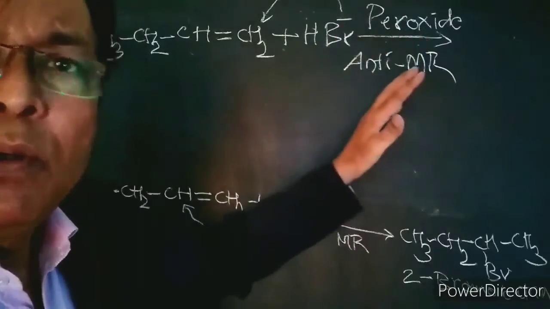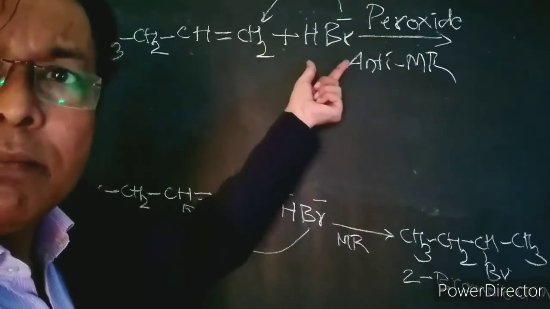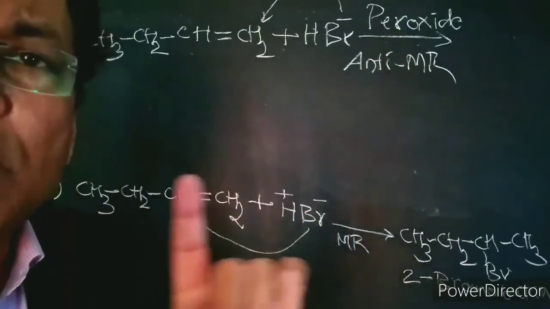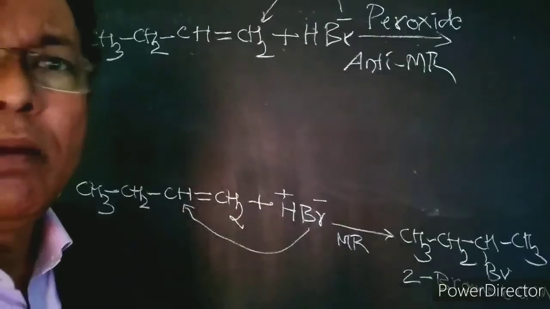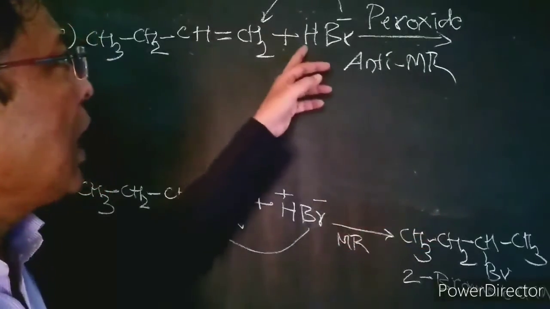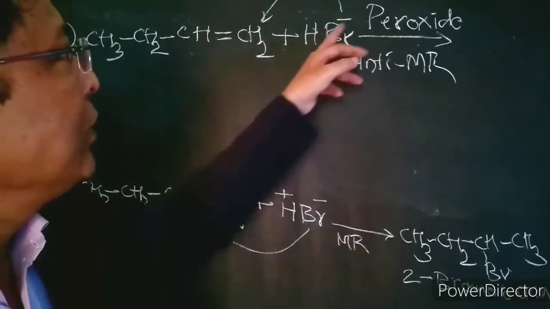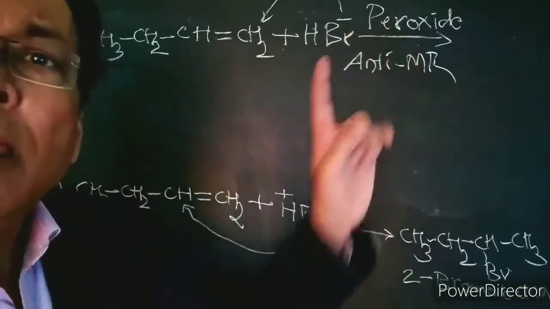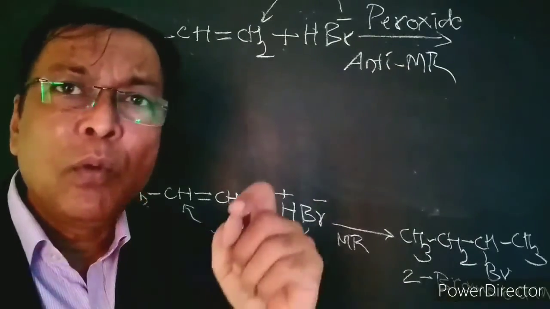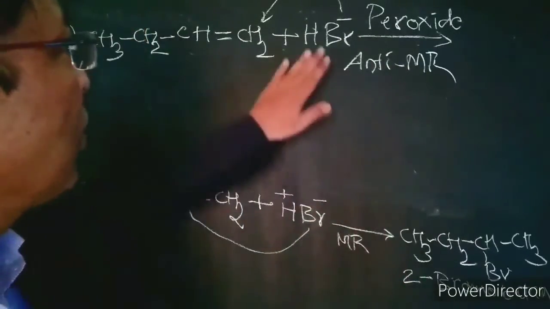If we take HCl and use peroxide, the anti-Markovnikov rule will not take place. If we take hydrogen iodide and peroxide, the anti-Markovnikov rule will not take place. The anti-Markovnikov rule holds good only for hydrogen bromide.